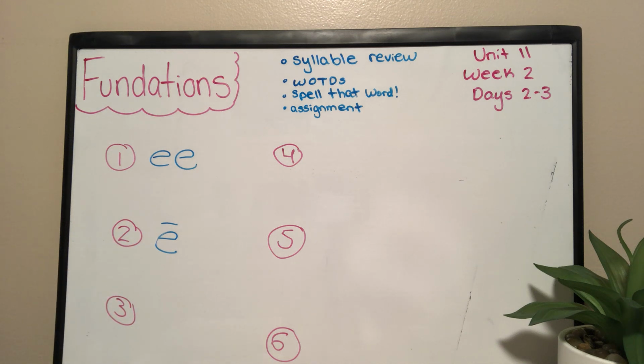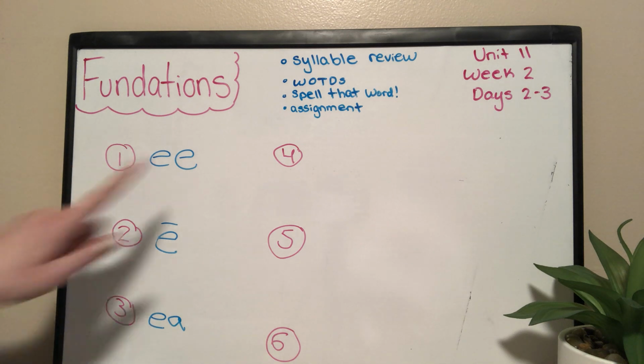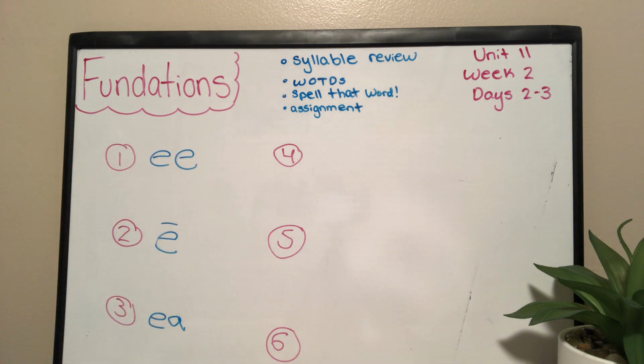What about in the word eat? What 2 letters are making a long E sound there? You got it. E-A, eat, E. 3 down, 3 to go.